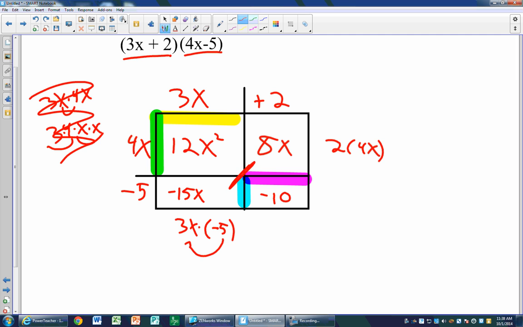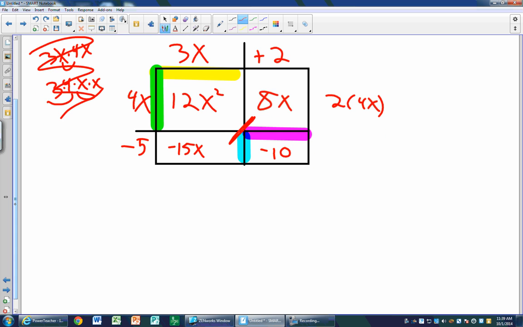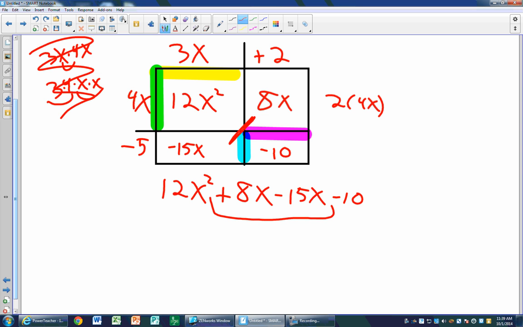If you did this correctly, and we have a term of the same degree and a term of the same degree, we can always combine those terms. Let's show our work first, and then later on, we can write it quicker. I wrote down what each area was. Like I said, we can combine these two.